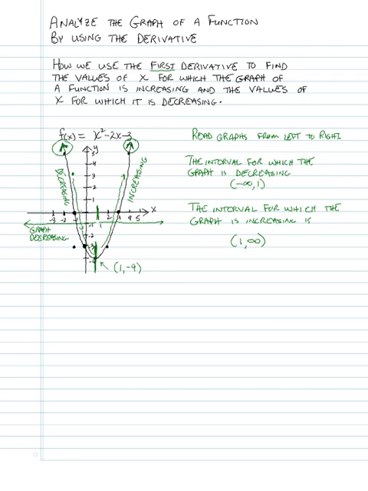Now notice around the 1, I didn't include 1, because the issue is on the left side of 1, we're going down, and the right side of 1, we're going up.